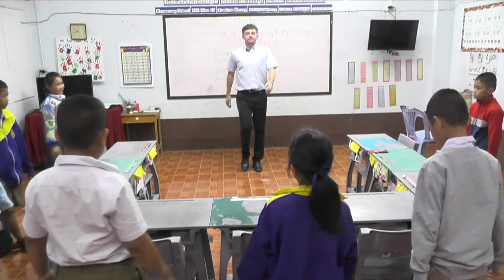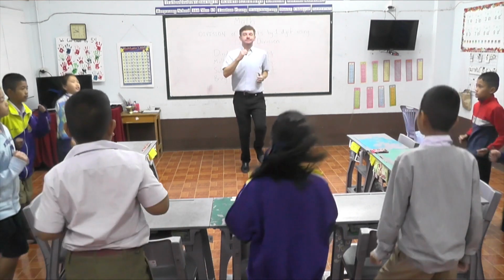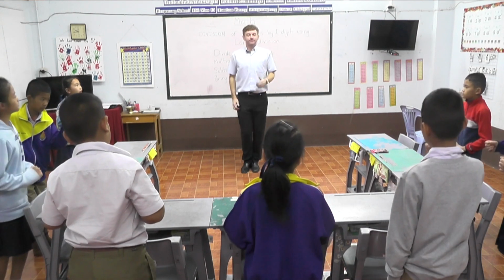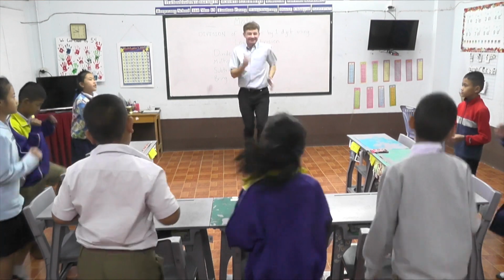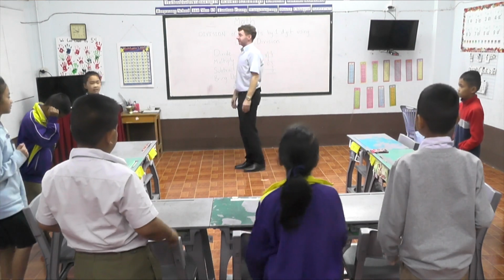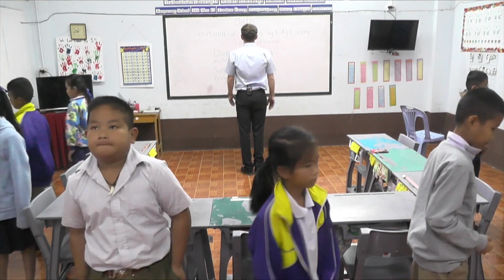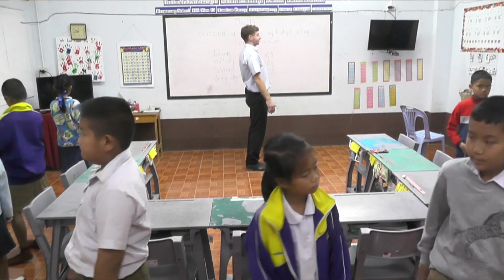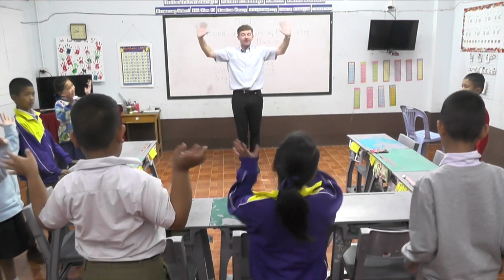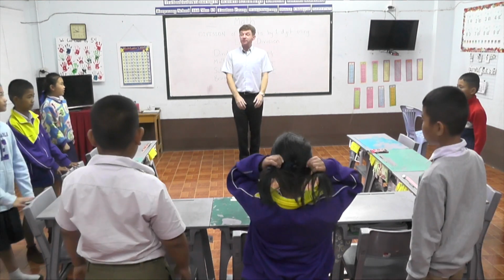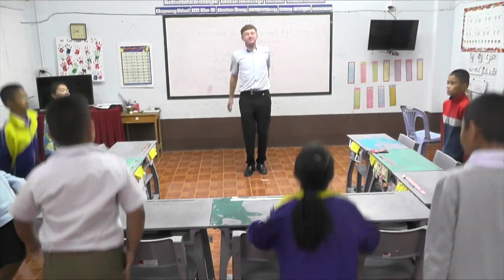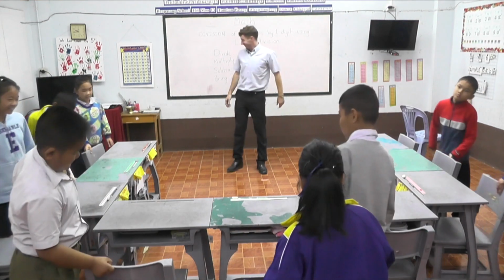Jogging on the spot. Stop. Jogging on the spot. Quickly. Stop. Turn right. Turn right again. Turn right. And right again. And to finish, we're going to do 5 jumps. 1, 2, 3, 4, 5. Excellent, guys. Have a seat.